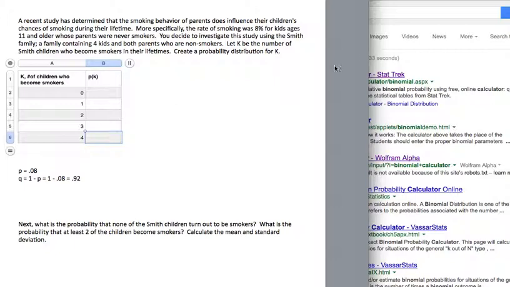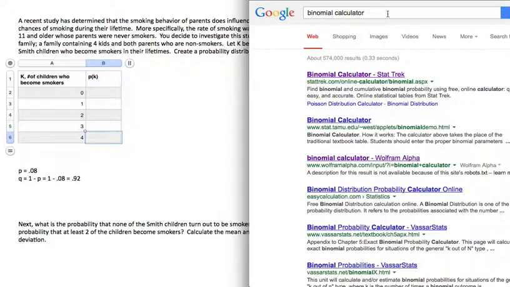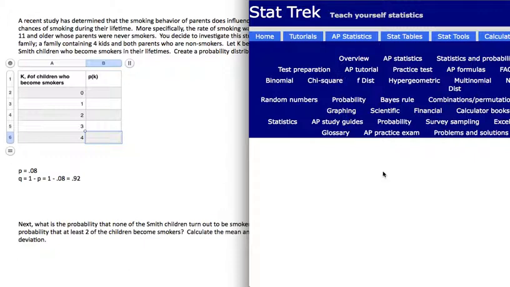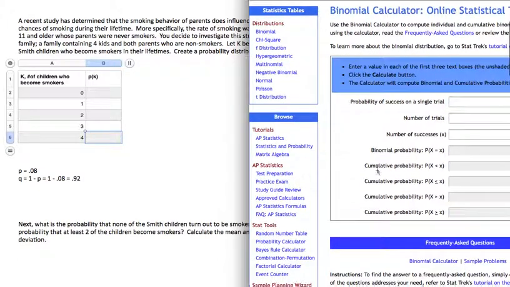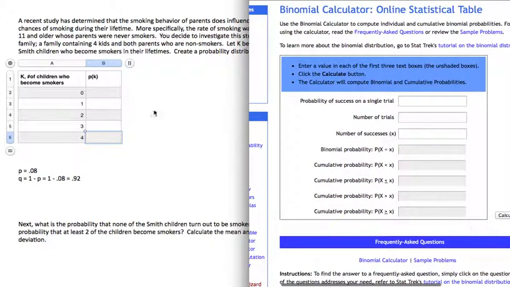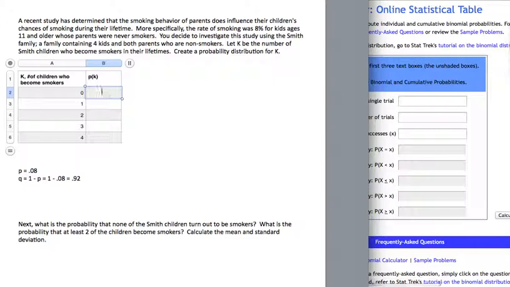One thing that I decided to do was to go onto Google. I Googled Binomial Calculator, and I'm just going to click on the very top link here. I'm going to use this to help me calculate each individual probability, the probability of having 0 children out of the 4, 1 child out of the 4, 2, and so forth.